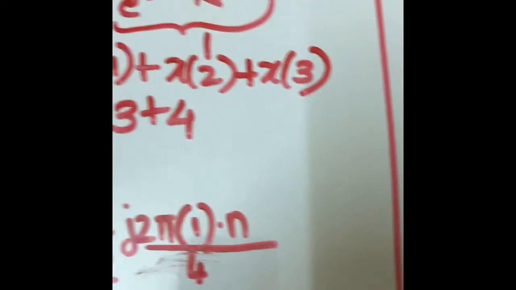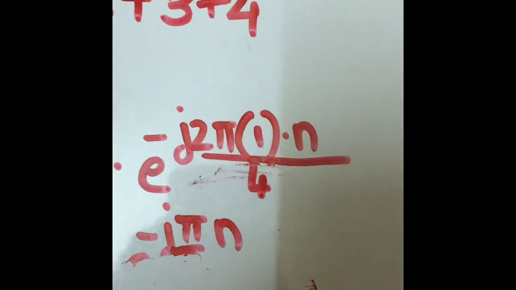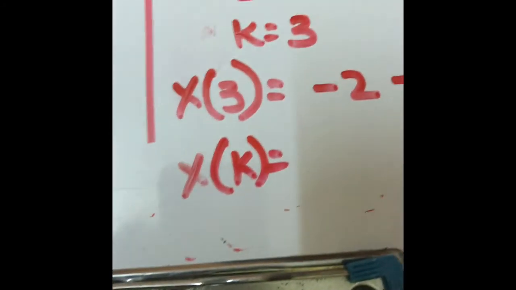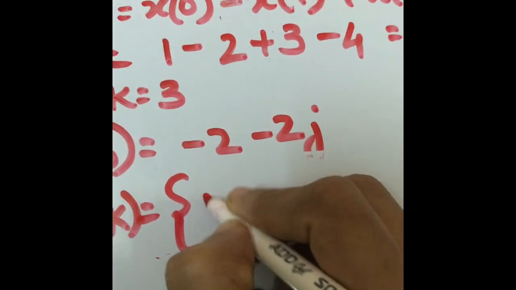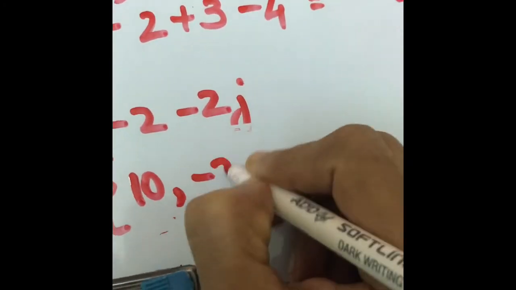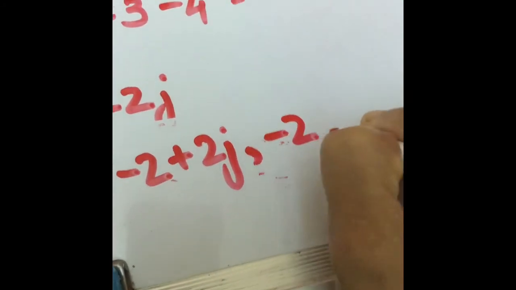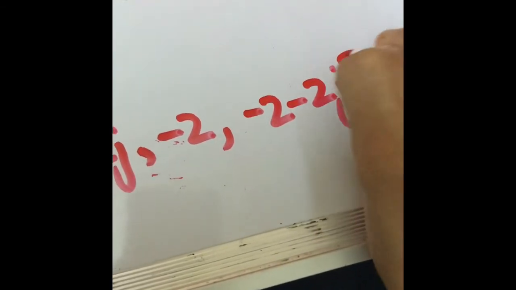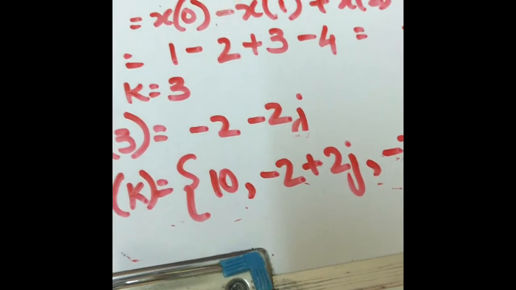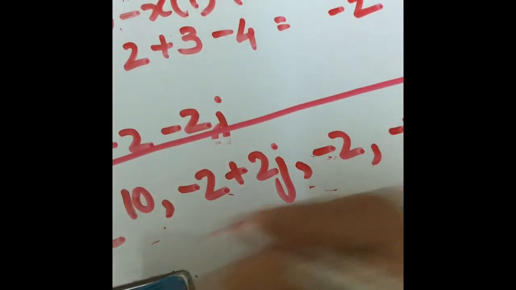So if I want to write my final answer, it has to be written properly as x of k is equal to 10 comma minus 2 plus 2j comma minus 2 comma minus 2 minus 2j. Clear? This is my final answer.